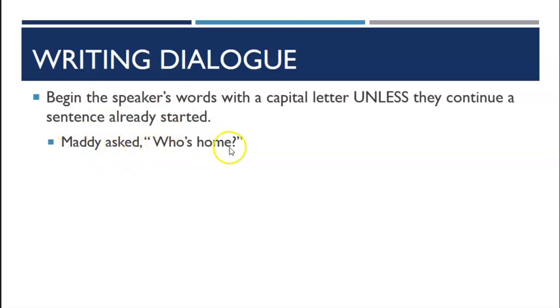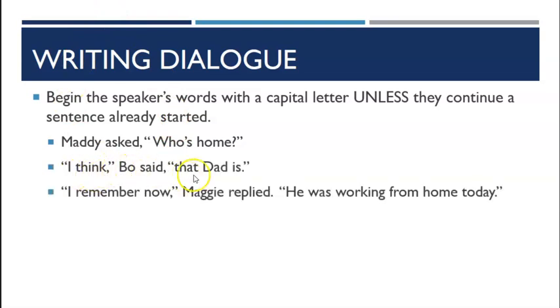"Who's home?" Maddie asked. So you'll notice that here we've got the comma with asked and then who's home, and the W in who is capitalized because it's the start of Maddie's sentence, it's the start of her dialogue. "I think," Bo said, "that Dad is." So if we look at this one, the tag here, Bo said, is interrupting our dialogue.